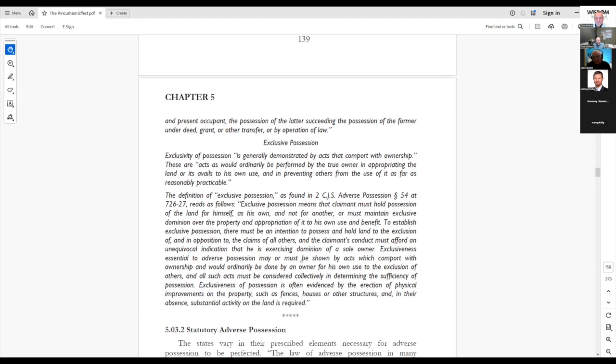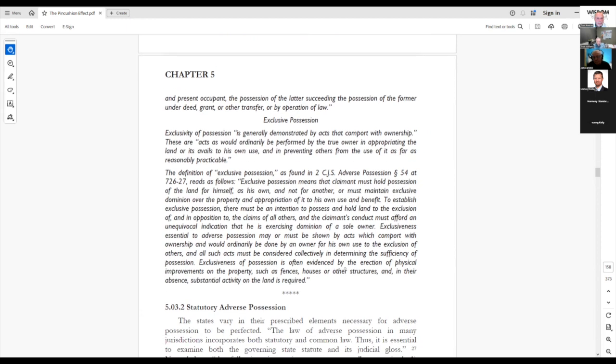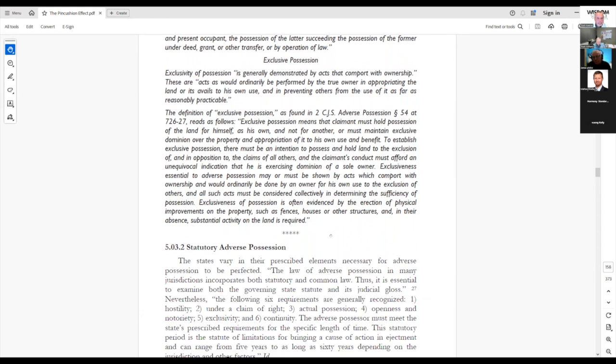You can't have two people possessing over the same area, and maybe it could be two adjoining neighbors that are using a third person's property, but if those two neighbors are using the same area, it's not exclusive. Does that make sense? And so those are some of the main things we usually see when we talk about adverse possession there. The check boxes to help us give evidence and light to it.